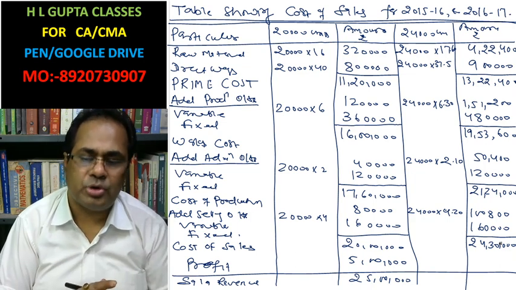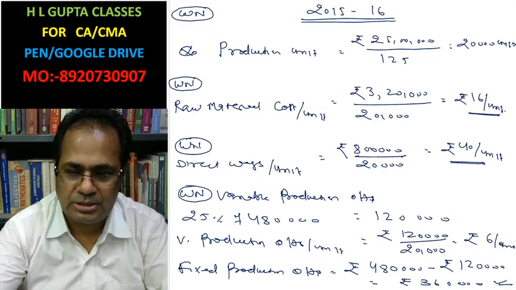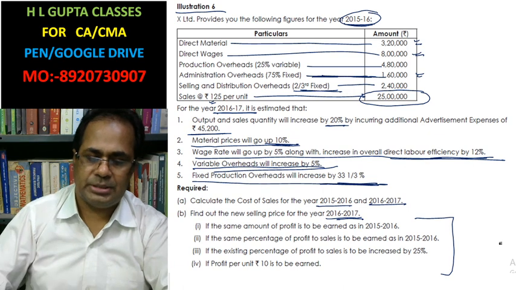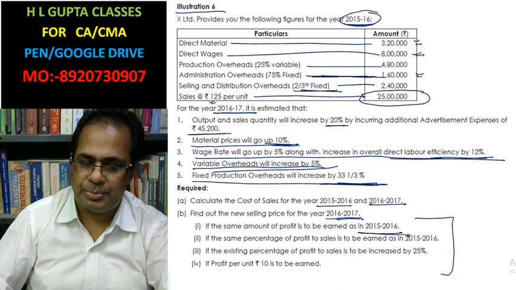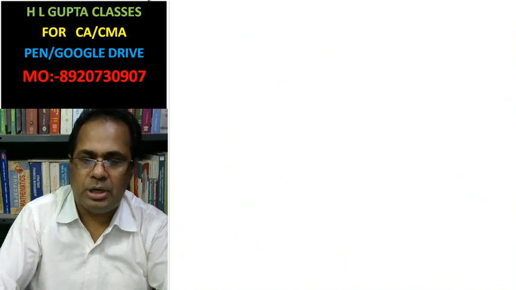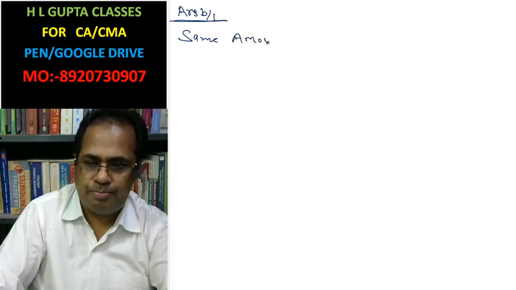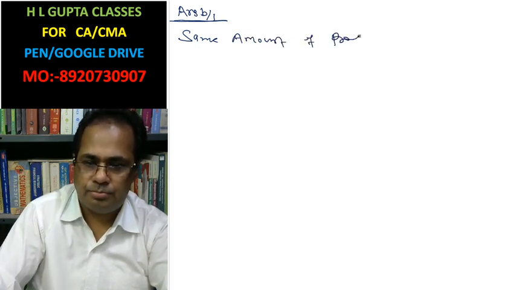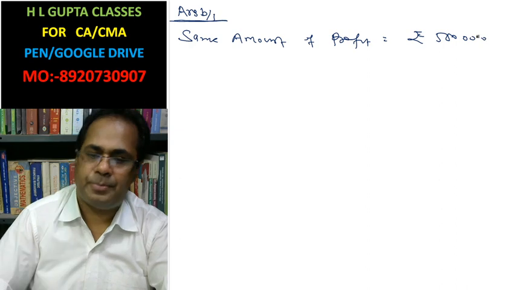Now we have to calculate selling price as per information given here. Conditions are given here. First case, if the same amount of profit is to be earned as in 2015-16, answer of B part. Same amount of profit, rupees 5 lakh.